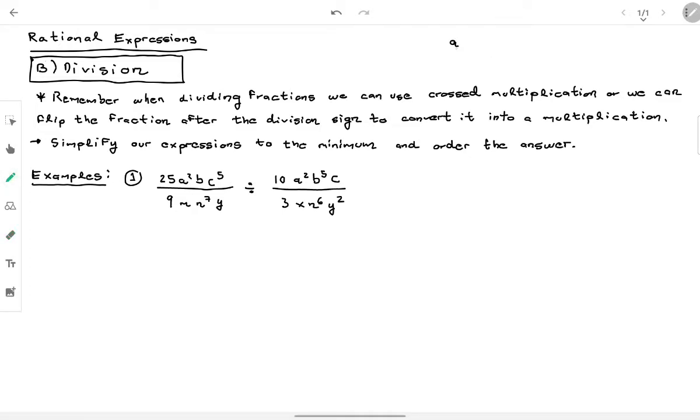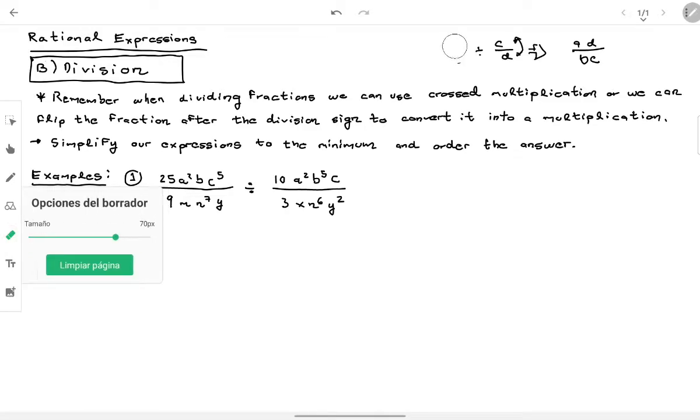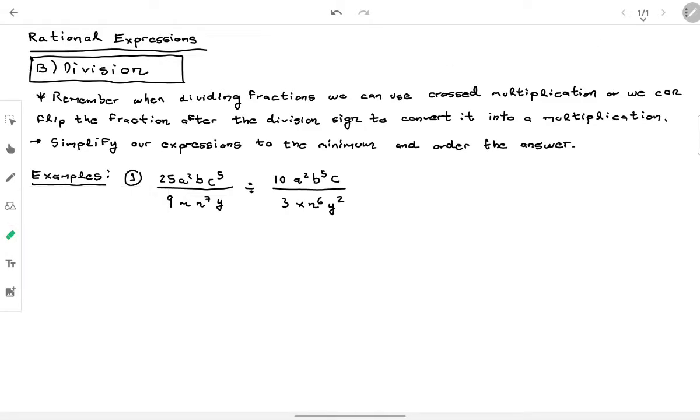If we have a over b divided by c over d, if we flip it, we can change it to a over b times d over c, that is exactly the same. So if we flip the rational expression that is after the division sign, it will become a multiplication, and it will be the topic that we saw in the last video.